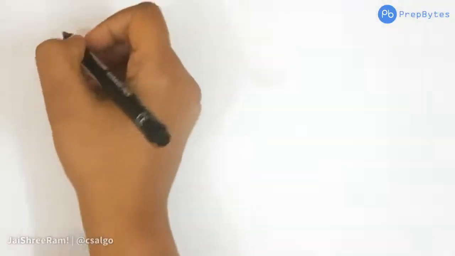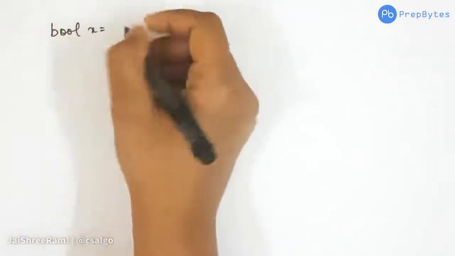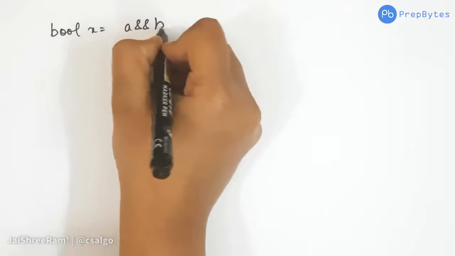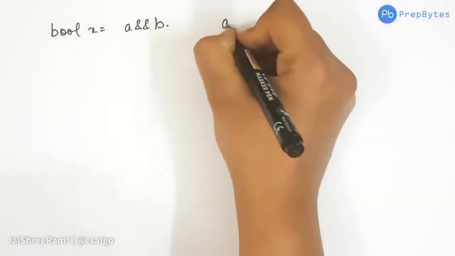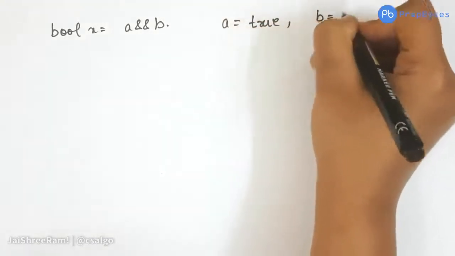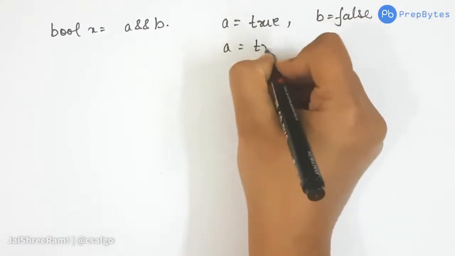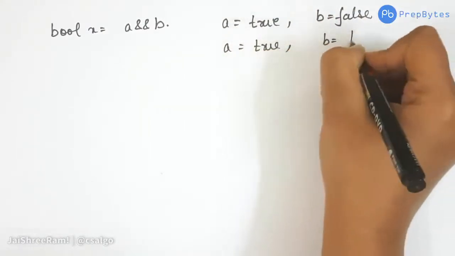So let's say I'm performing an operation boolean x equal to A and B. Here the values of A and B could be, let's say, true and false. The various combinations possible are: A is true, B is false; A is true, B is true.